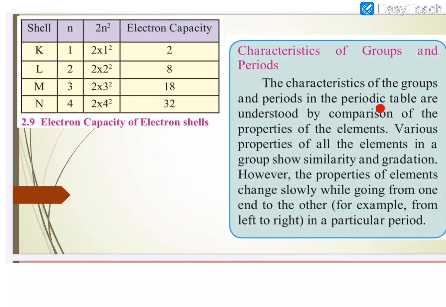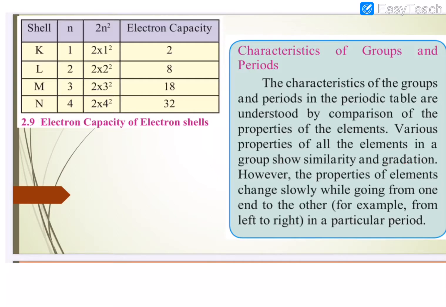The characteristics of groups and periods in a periodic table are understood by comparing the properties of the elements. The elements in certain groups or periods have certain similar characters. All the elements in a group show similarity and gradation.